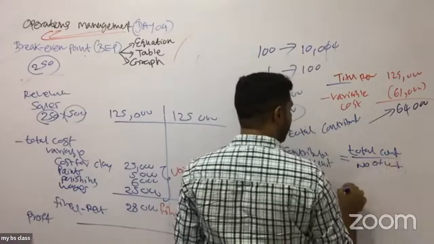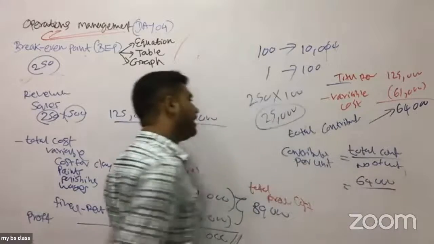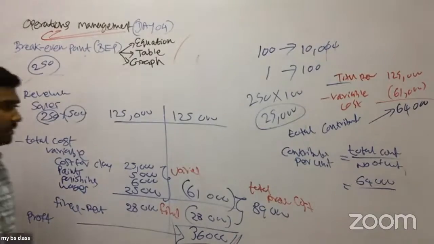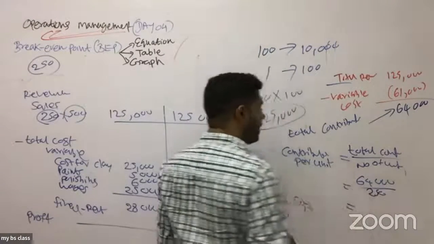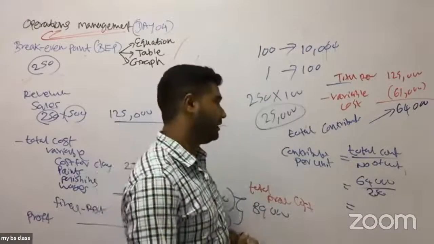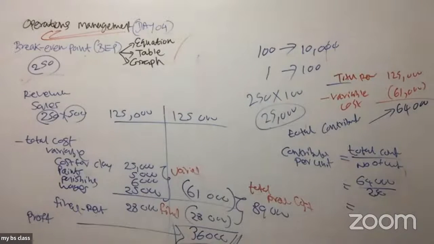With that, the total contribution 64,000 divided by the number of units, as you can remember 250 units, so you get the contribution per unit. Let me explain again.